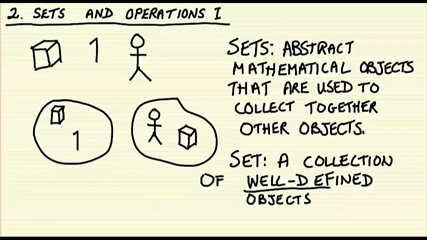Okay, so what exactly are we trying to get across with this idea of something being well-defined? Well, really the idea is that we don't want to introduce ambiguity. So if we have objects, we'd like to be able to describe those objects in an unambiguous manner. Okay, so in that way, there should be no dispute about whether a particular object is a member or an element of a set or not.